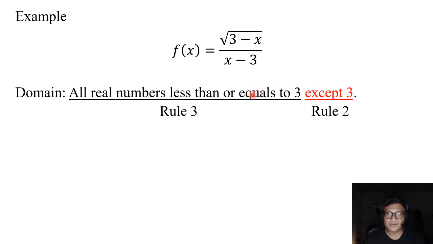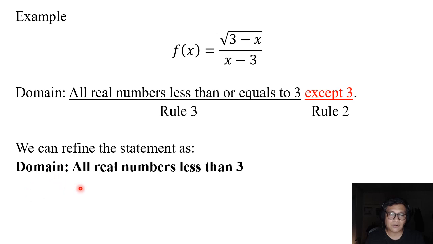So, to refine this statement, because based on rule number 3, 3 is part of the domain. But based on rule number 2, except 3 naman. So, we remove the value of x equals 3 from the domain. And therefore, by refining this statement, then our domain will be all real numbers less than 3. And that will be the solution class.